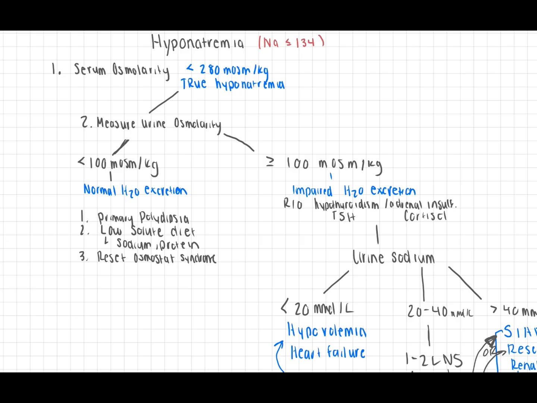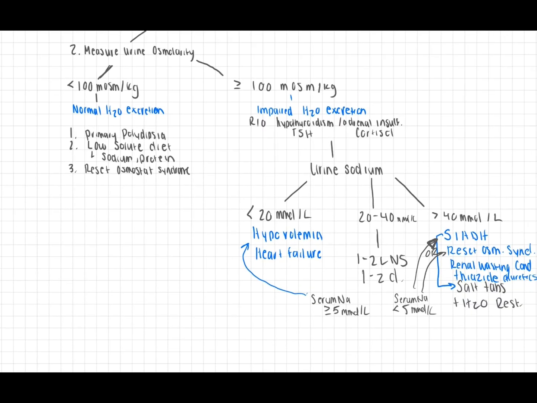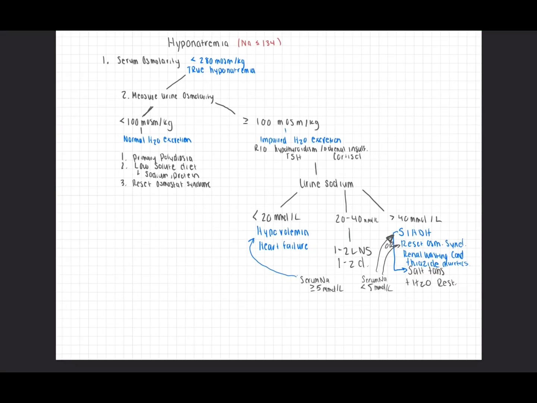Are you still absorbing that extra fluid? And in that case, we would have impaired water excretion. So we would need to rule out our hormonal disorders, and then we would need to check a urine sodium and use our clinical skills to figure out the patient's volume status and see where that takes us. So a little algorithm there to help you figure it out.